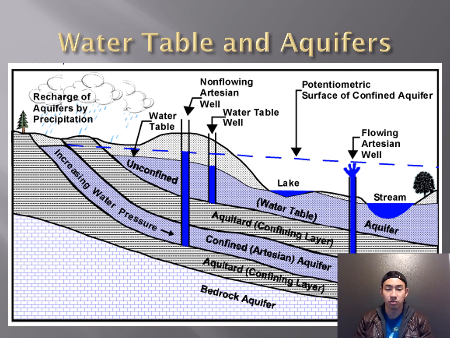If we look at the two wells drilled into the confined aquifer, the well furthest to the right is labeled as a flowing artesian well, and the furthest left well is labeled as a non-flowing artesian well. We see that in the flowing artesian well, the surface of that well is below the water table surface of the confined aquifer that we see at the recharge zone on the furthest left.